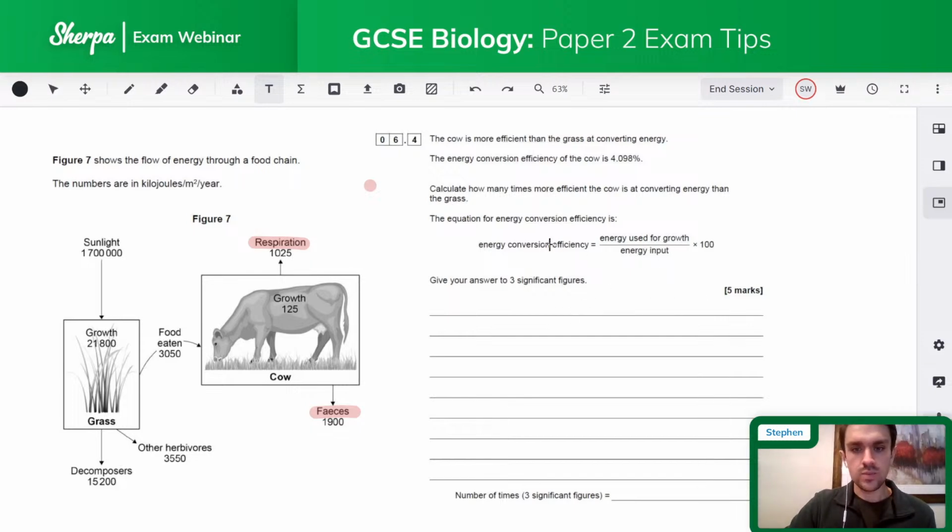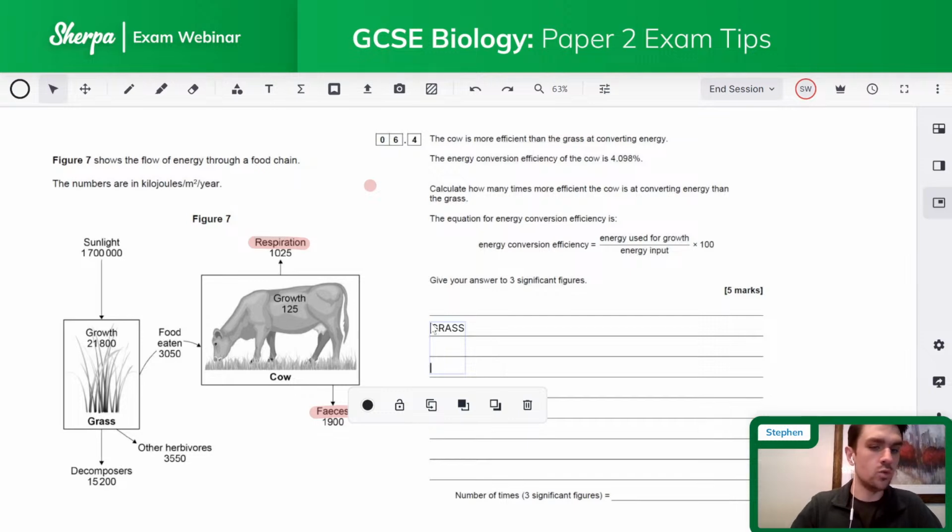We can see that they've already calculated it for the cow. That's 4.098. So what we need to do is calculate it for the grass. We can look at the grass first, and we can just plug numbers into this equation. So here we've got energy used for growth.